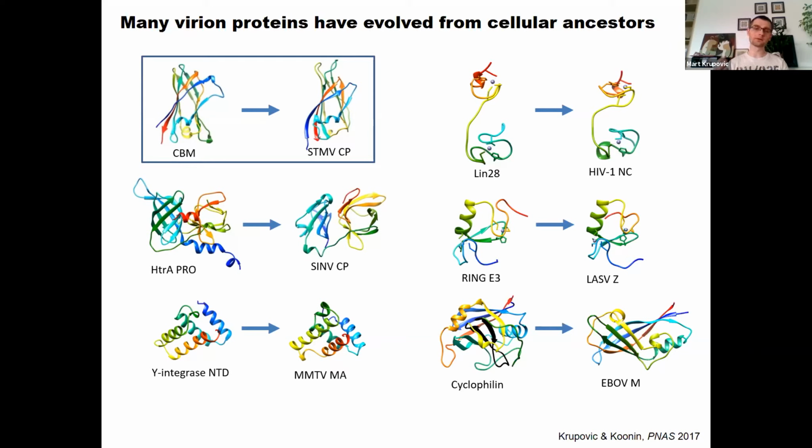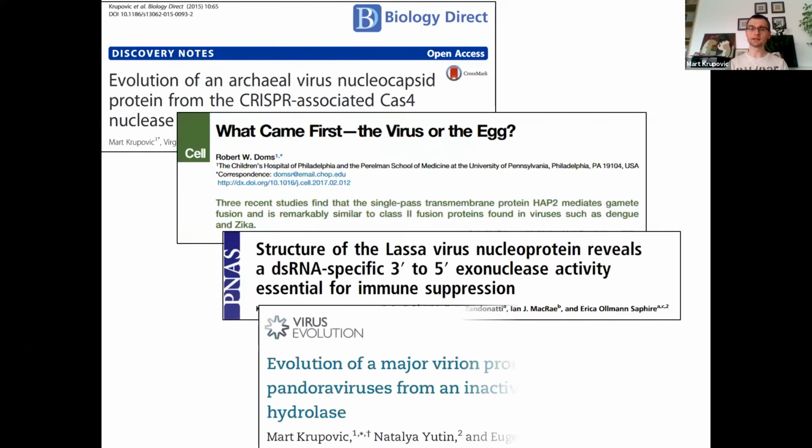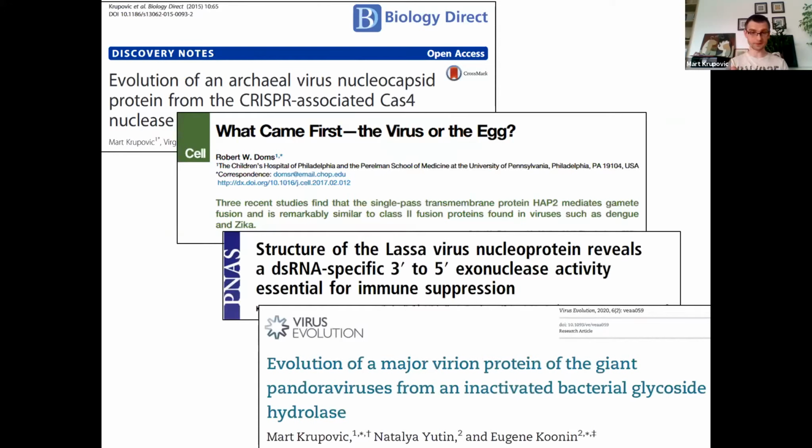These examples of close relationship between viral capsid proteins and bona fide cellular proteins are accumulating, and perhaps the most recent one was the finding that one of the two major structural proteins of the giant Pandoraviruses is in fact related to inactivated bacterial glycoside hydrolases. So this kind of evidence is constantly accumulating on the link between the capsid proteins and bona fide cellular proteins, which are functionally diverse.